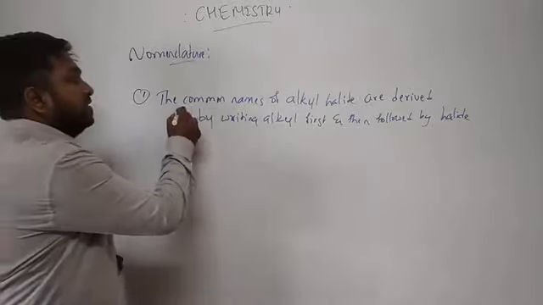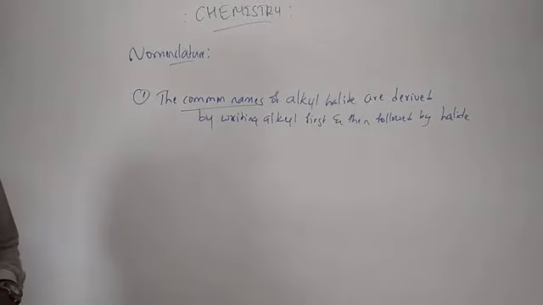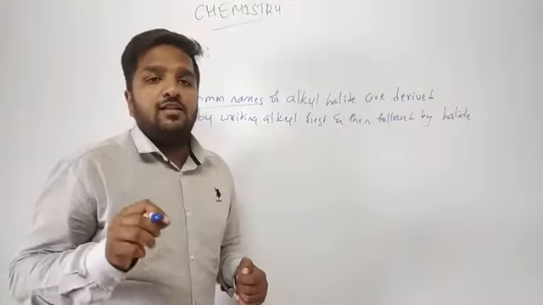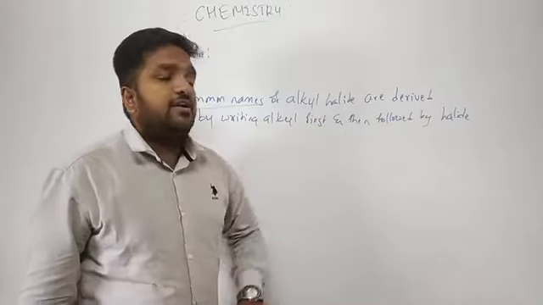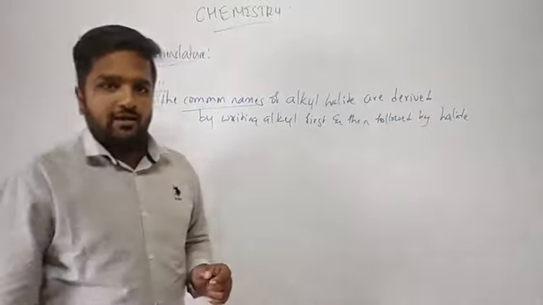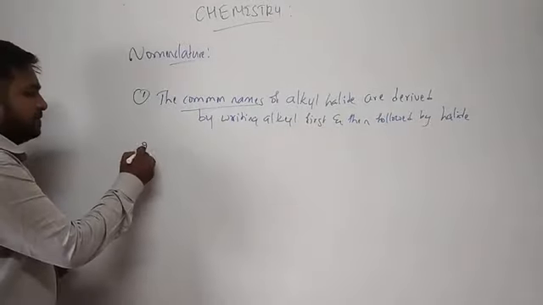Here this is the common name of representing. For example, methyl chloride. In that, methyl is the alkyl group, and then it is followed by the halogen or halide group, that is chloride. Clear? That is the common way of representing.